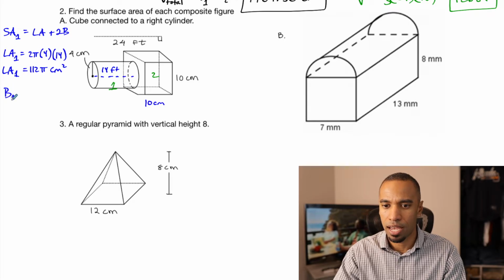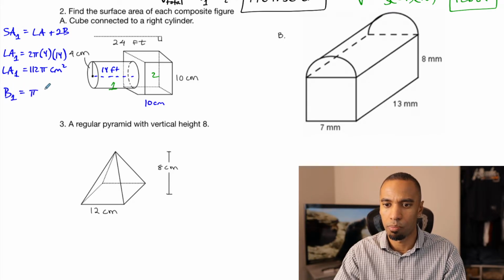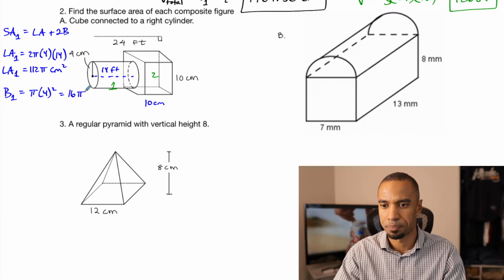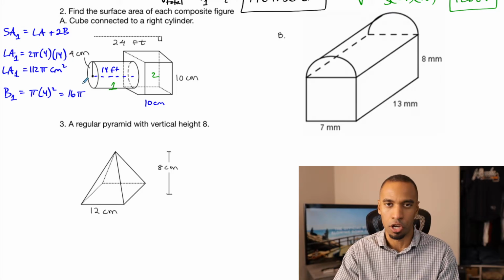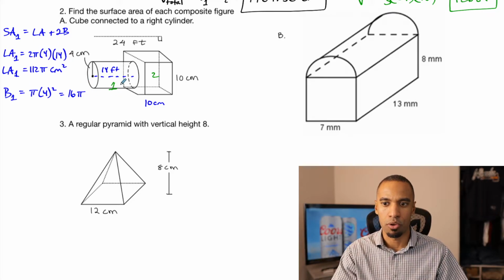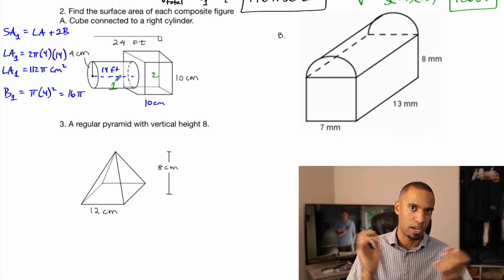The base area is just pi r squared, so pi times 4 squared there, which is 16 pi. Now, yes, it is kind of irrelevant to add both of the pi's in, I know, but just to kind of have it all-encompassing, I know that if I get the whole surface area and that whole surface area, I know what I'm going to subtract.